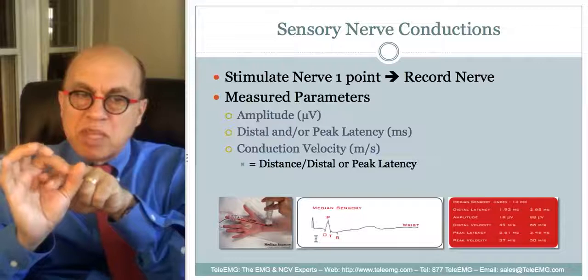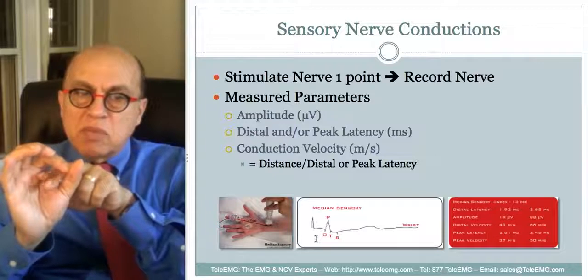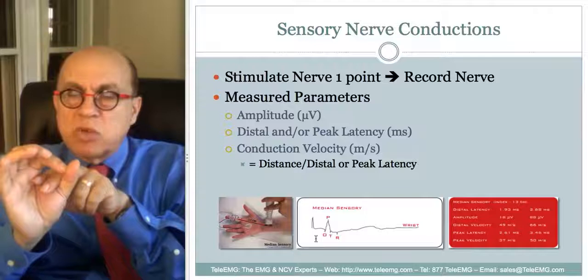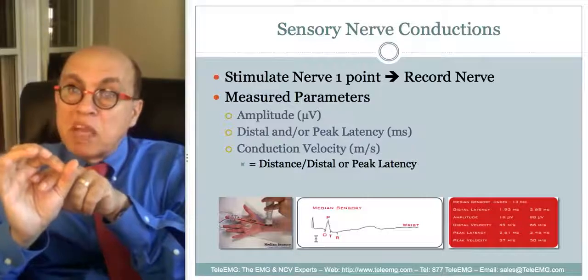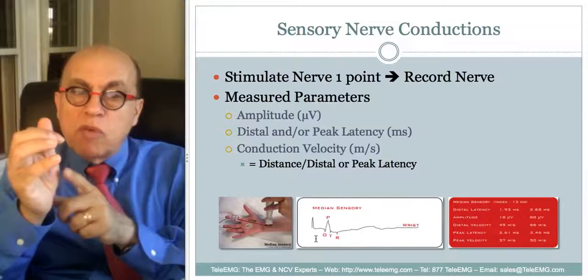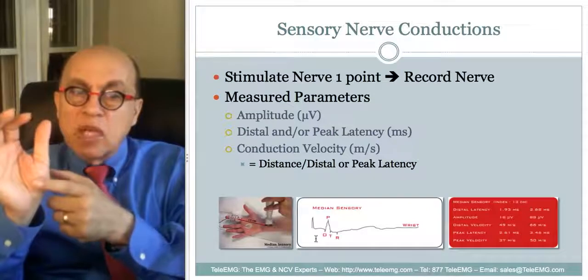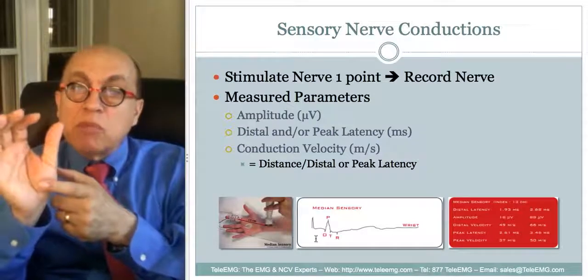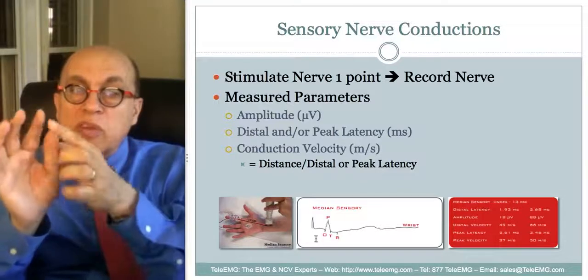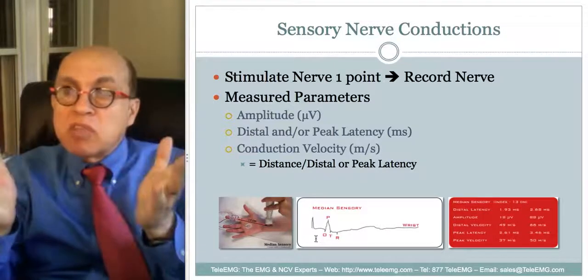So when I'm stimulating a nerve here, I'm stimulating both the sensory and motor fibers, not just the sensory or just the motor fibers. But if I'm putting the surface electrode, which I need to record from, over the muscle, like so, I will be just recording from the motor fibers. If, on the other hand, I'm putting the electrode over a finger, I'll be recording from the sensory fibers.